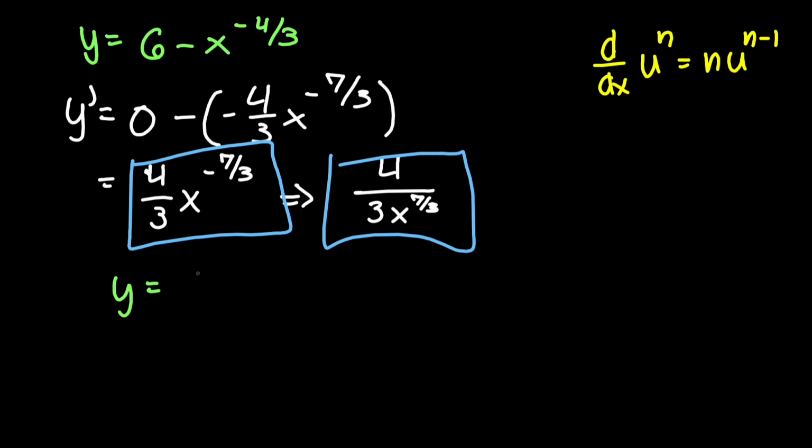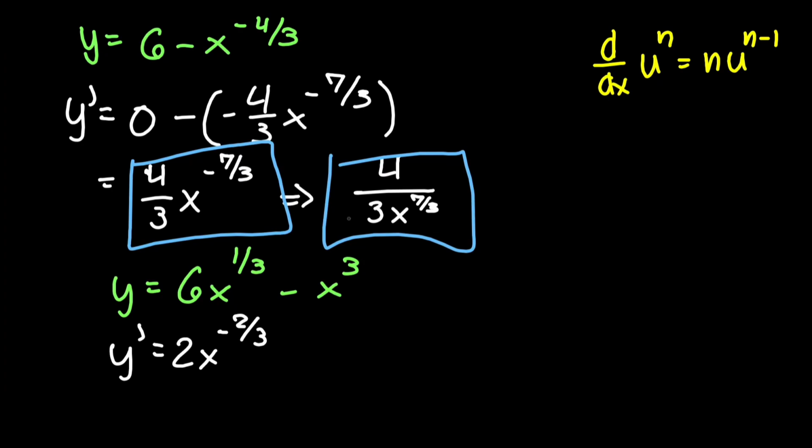Y equal to 6x to the power of 1 over 3 minus x cubed. Y prime right here would be equal to 6 multiplied by 1/3, which would be equal to 6 over 3, or equal to 2. X, 1/3 minus 1 would be equal to negative 2/3.